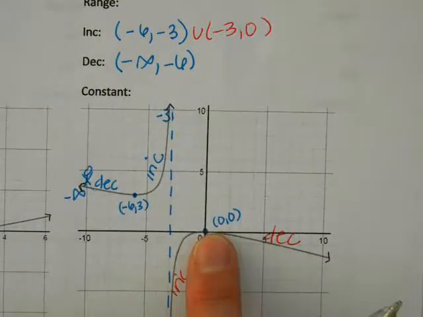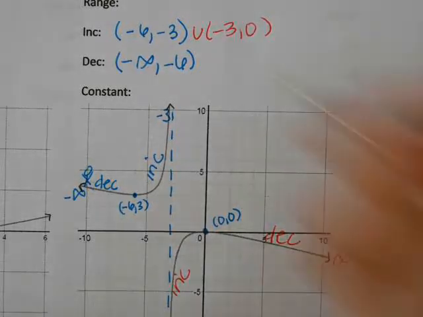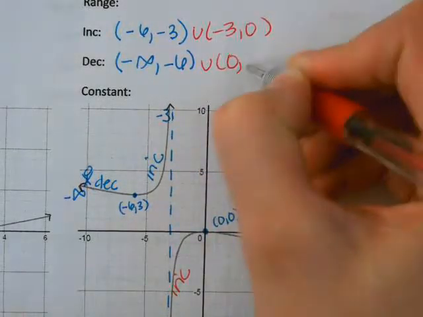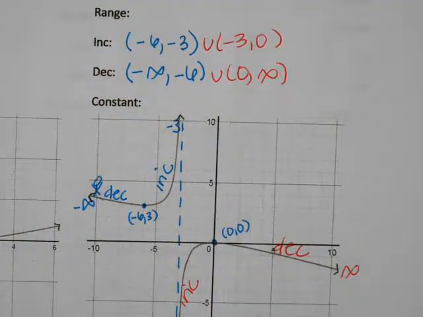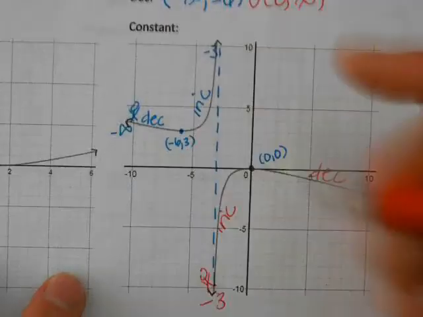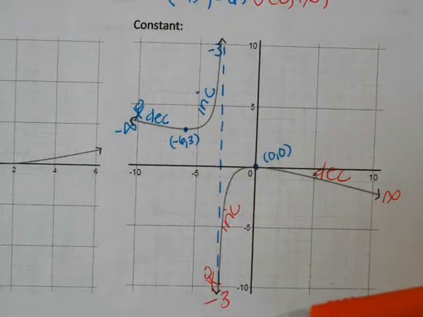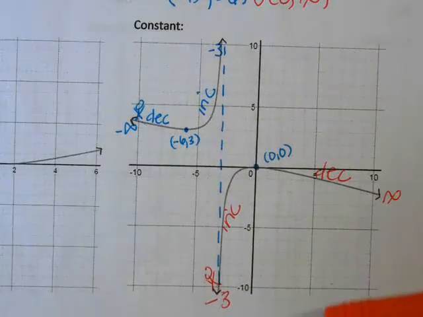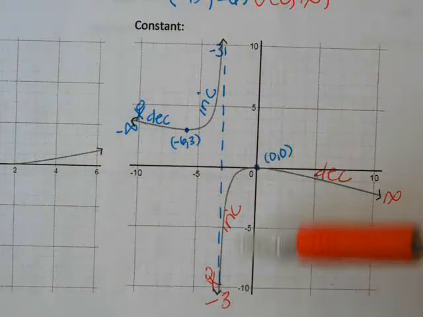And then decreases from 0 to infinity. The reason we're not writing infinity is because the infinity is the y value pointing down. Down is y, and we're using x values to describe it, and this x value is at -3.